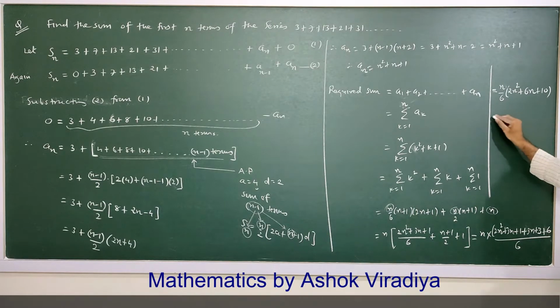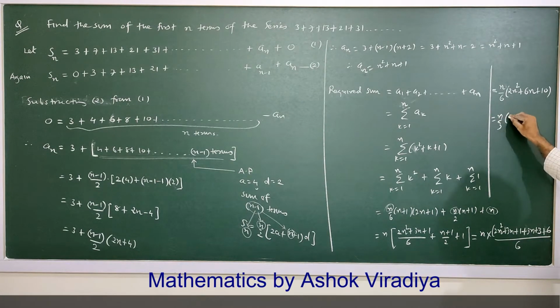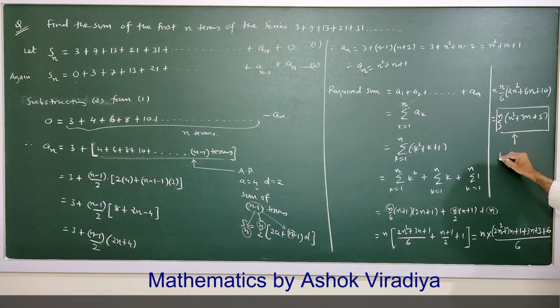Now divisible by 2, so n by 3 into n square plus 3n plus 5. So this is the required sum. So after this step you go from this step.